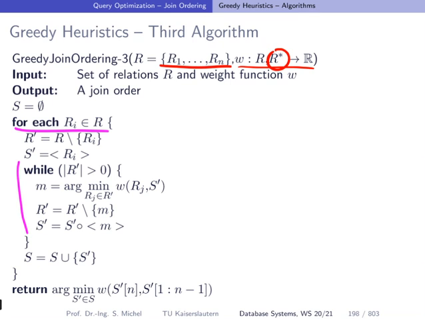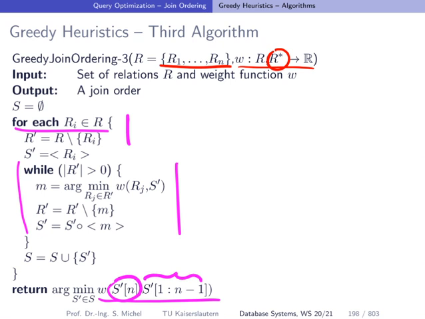And this is pretty much the same as in greedy 2. The only difference is we now execute the greedy selections of the sequence for a specific Ri to be the first one. And now we have, of course, multiple sequences where every Ri has a chance to be the starting one in the sequence. And from all of the sequences, we pick the best one regarding the weight, where we look at the last picked one and the sequence before, right?